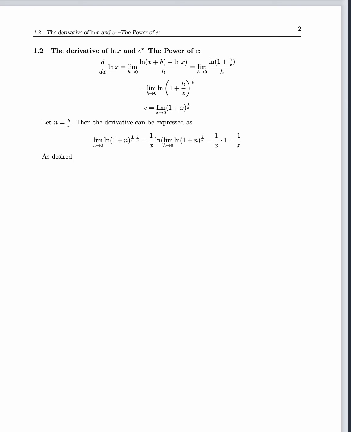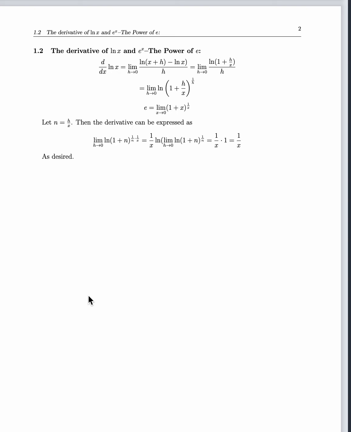So now let's continue with our next topic. For e to the x, what you have to do is basically just plug in values, right? So now let's see the insight of the e to the x derivative.